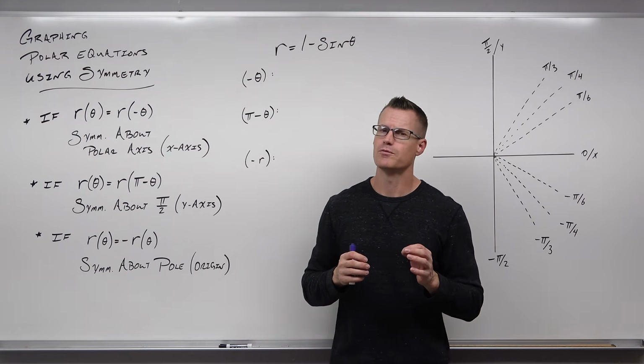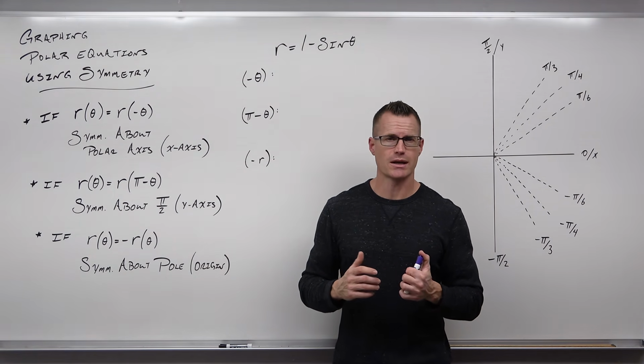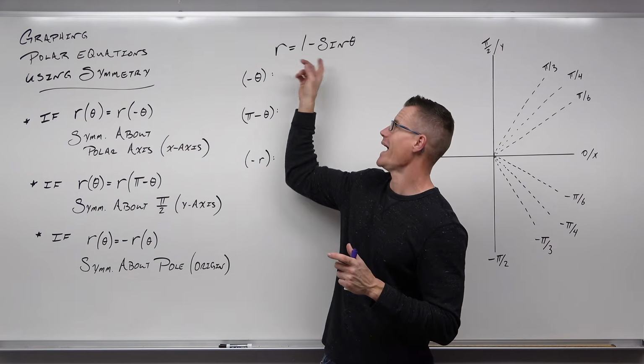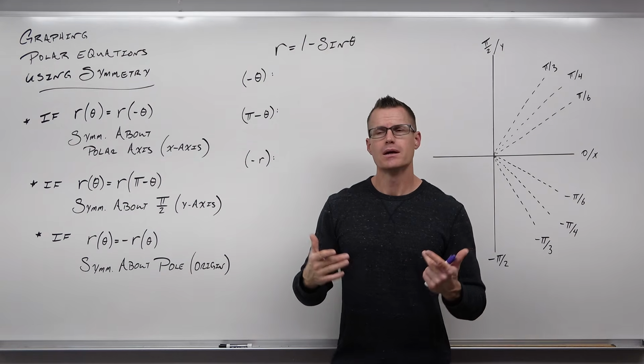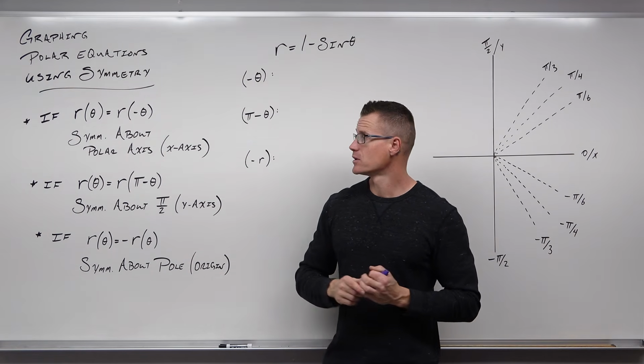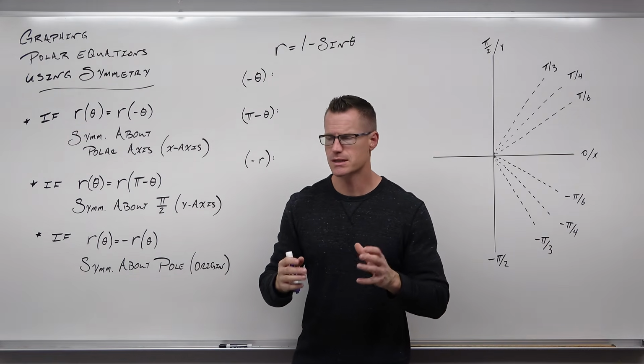So this is the order of business for us, really. Check to see if you could change it into rectangular easily. Normally, when you have stuff added or subtracted, it's not easy and it won't give you anything very nice. So we can check that, but then go through all of our symmetry. We're going to try every one of these. I'll walk you through it very nicely.